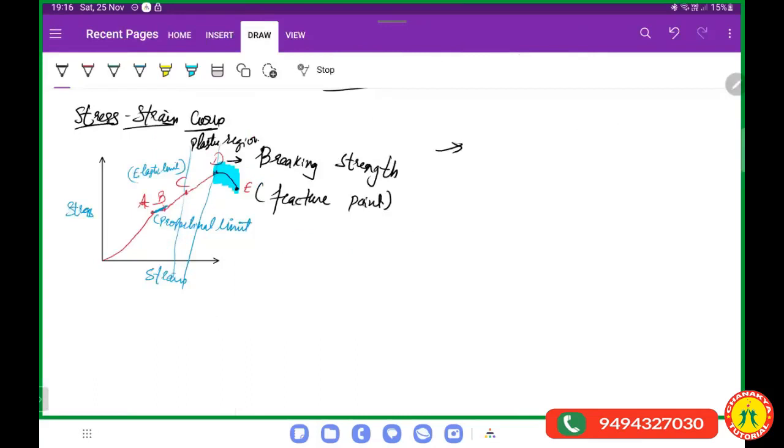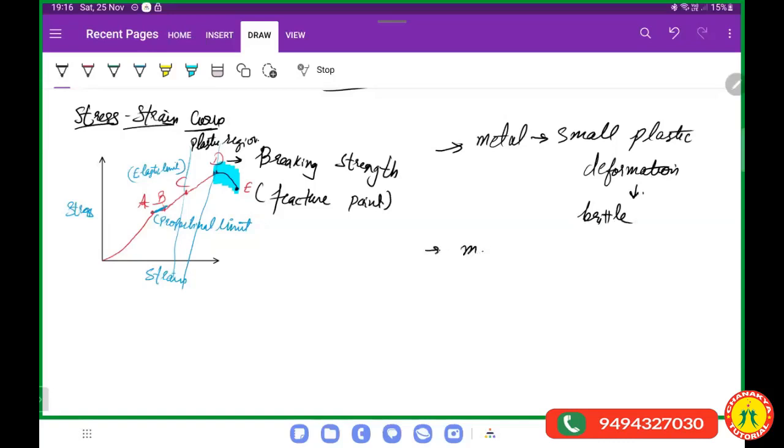So, a simple way to understand: metals with small plastic deformation, they are brittle.